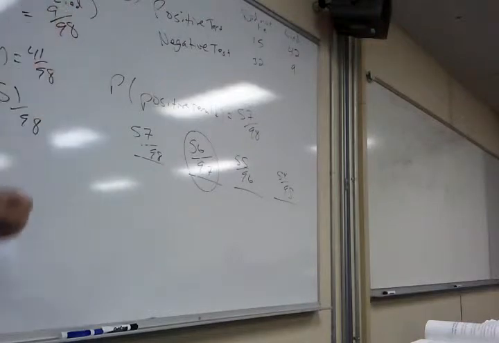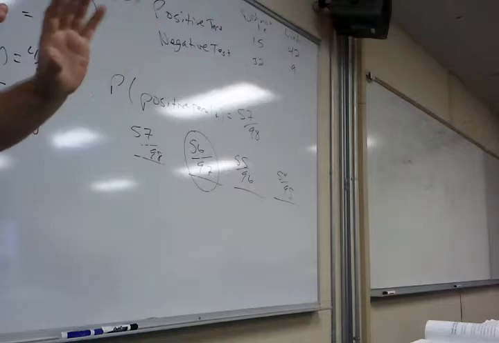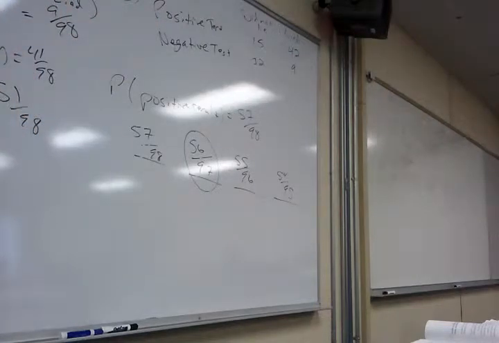And that's why, just like OR, can you just always add to get the ORs? No, you have to subtract sometimes too. You have to not count too much. Don't count something twice. To get an AND, can you just always multiply these? No. Because you have to multiply by the given.